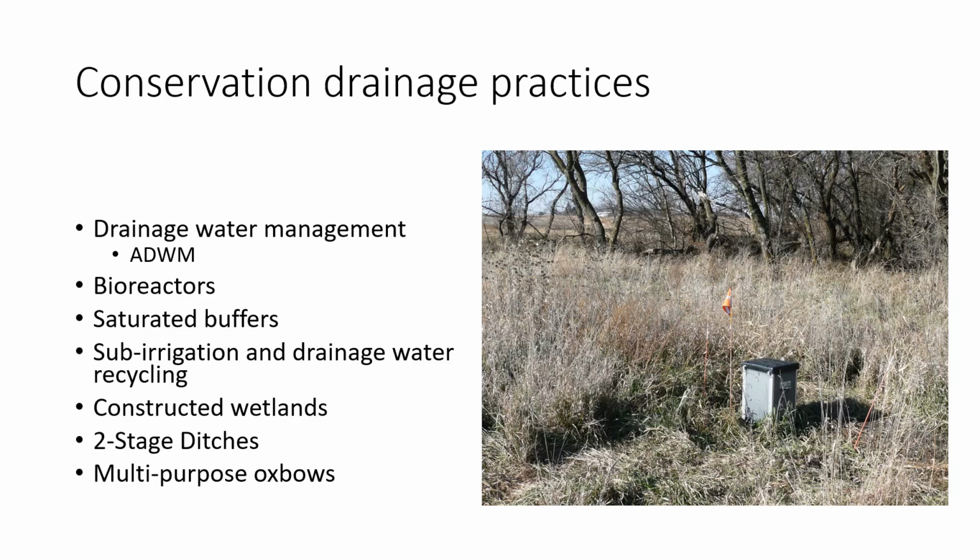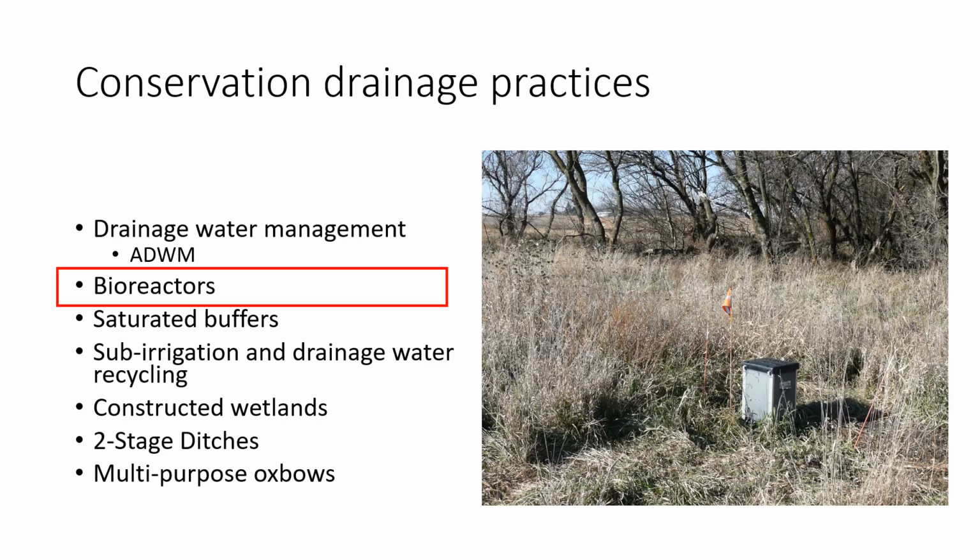When we talk about conservation drainage practices, when I go out and speak to various groups, there's quite a suite of practices. There's not just one practice. Drainage water management, which is another webinar in this series that you'll hear about, automated drainage water management now with automated control structures, is a great one.